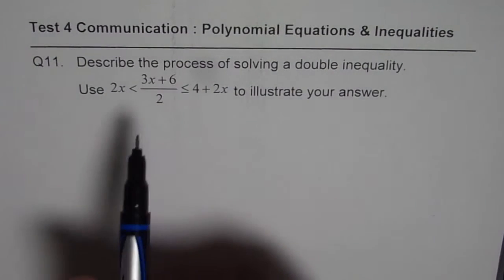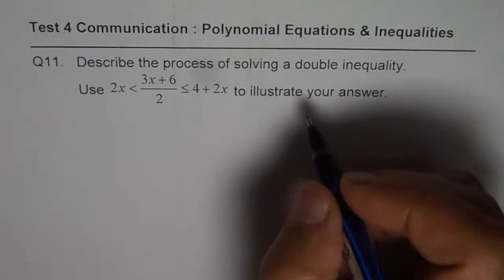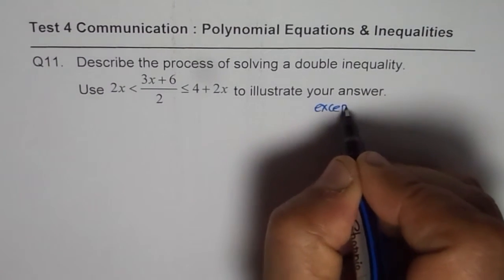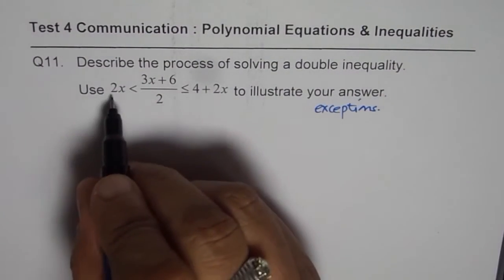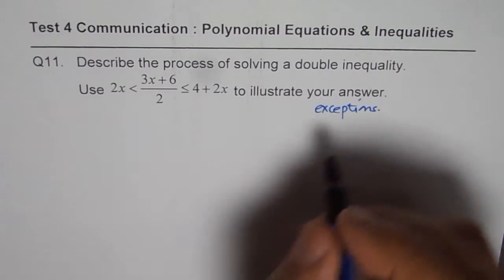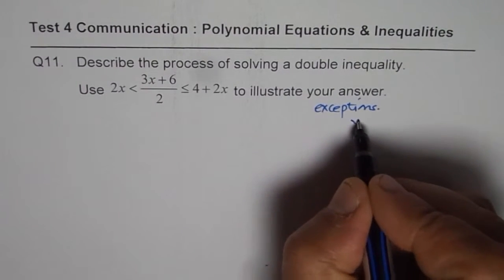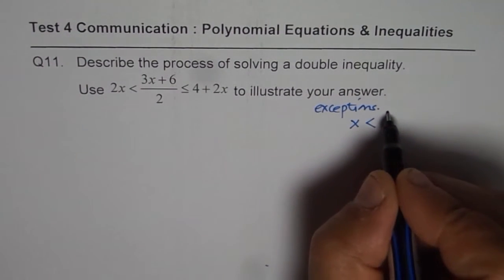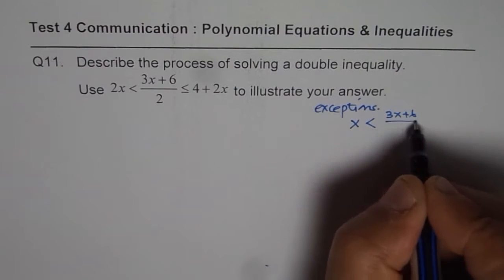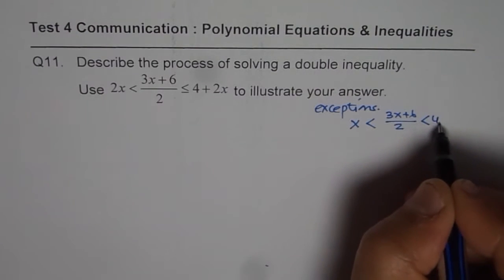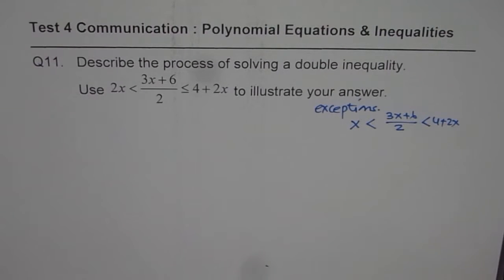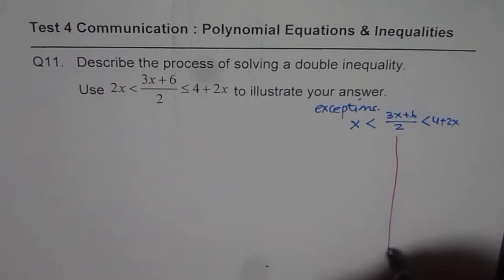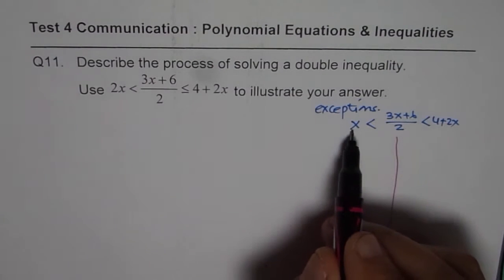But there are exceptions to this rule. If I just change the question a bit, and make this instead of 2x, for example, x, and my question becomes x is less than (3x plus 6) divided by 2 is less than 4 plus 2x, in that case I have to solve two independent inequalities. Because if I do minus 2x, I'll get minus x here.